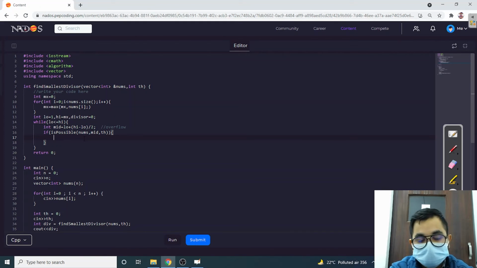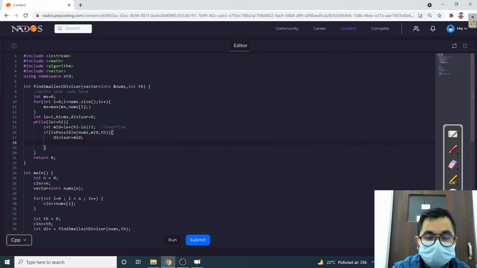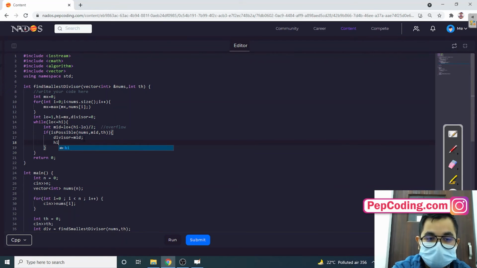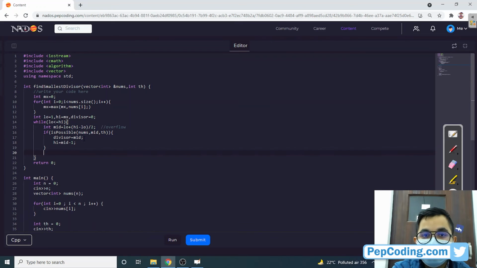Okay, so after this, if it is possible, then I will write divisor equal to mid, and I'm going to start decreasing this divisor. So for that I need to write high equals mid minus 1, so that I can check if there's anything less than mid which can do the same thing.